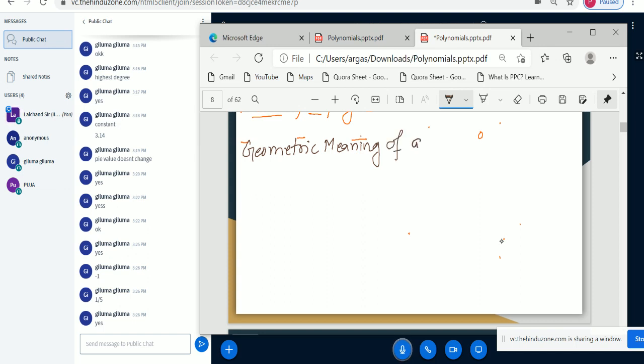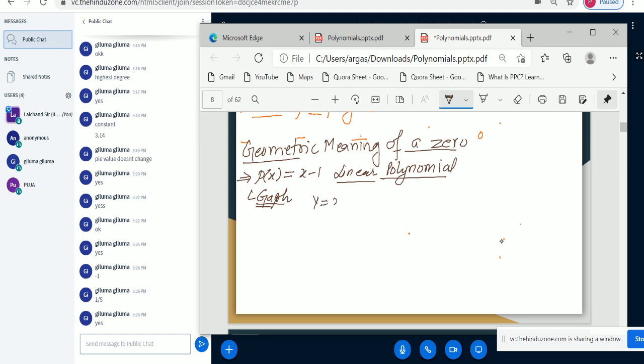Geometric meaning of a zero. Okay, let's suppose I write p(x) equal to x minus 1. This is a linear polynomial. If I draw this linear polynomial on the graph, let's equate y equal to x minus 1.